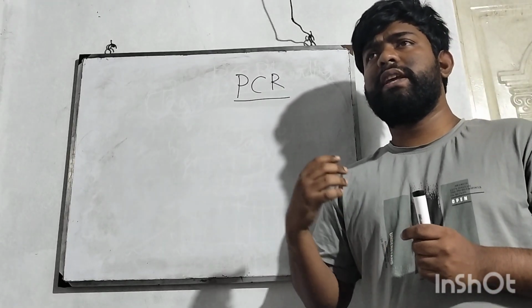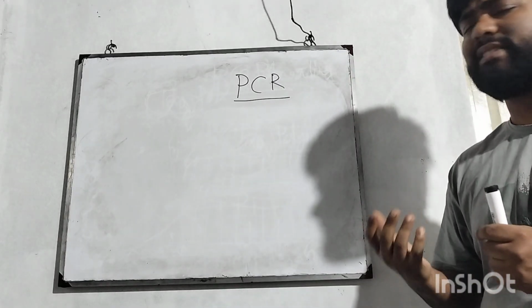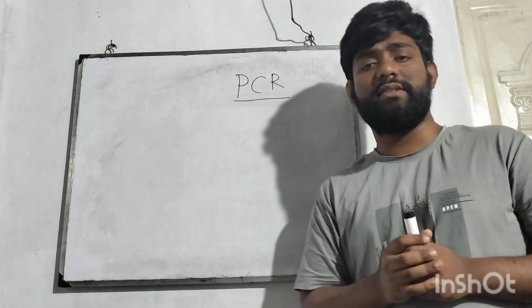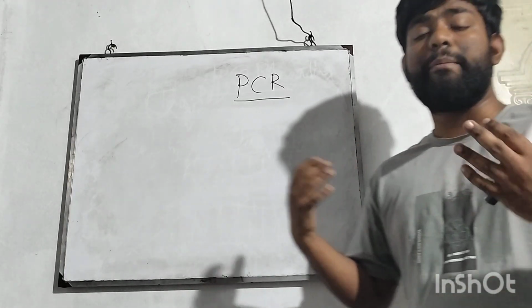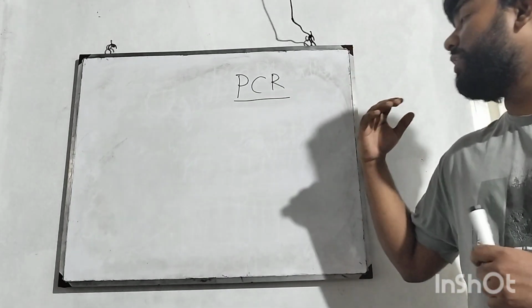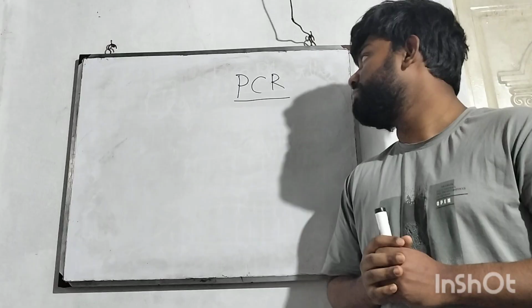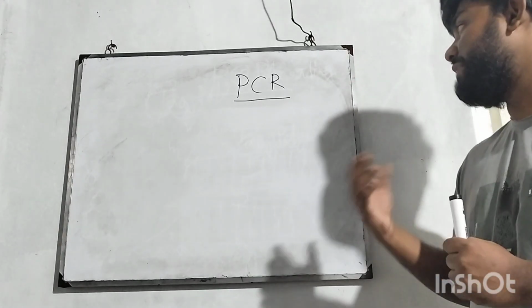So it will be very difficult for me to do extensive analysis and storage of this DNA. So I actually need to amplify my sample DNA. For this reason, this technique is very significant in life science.